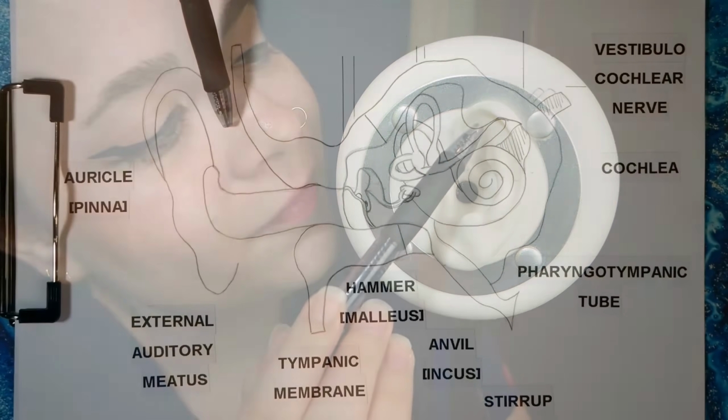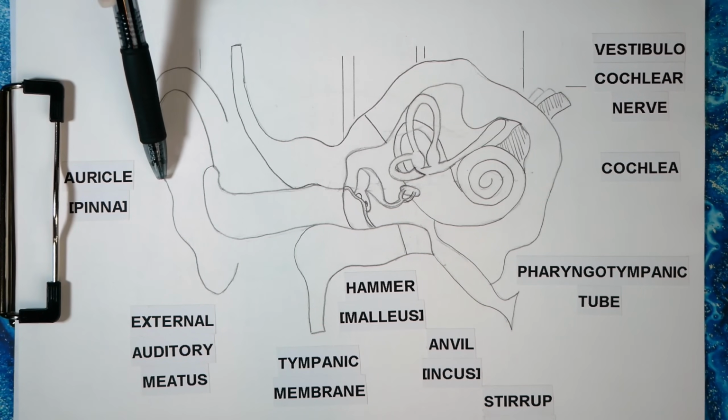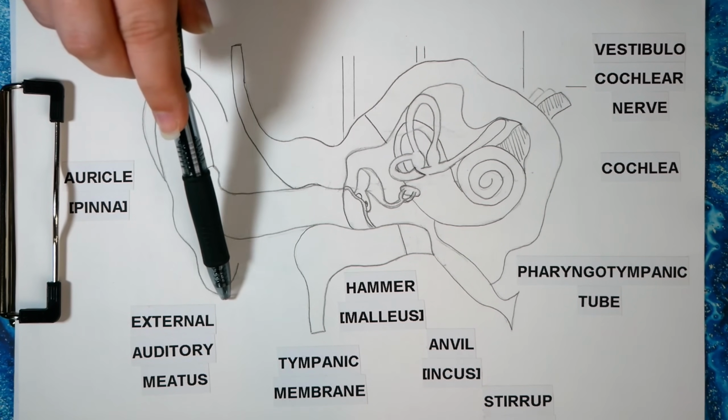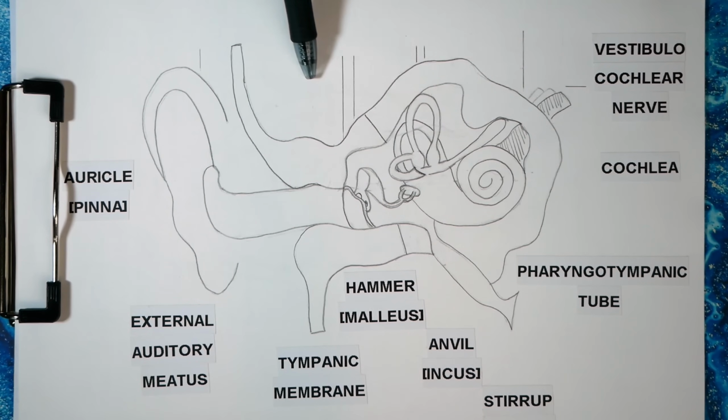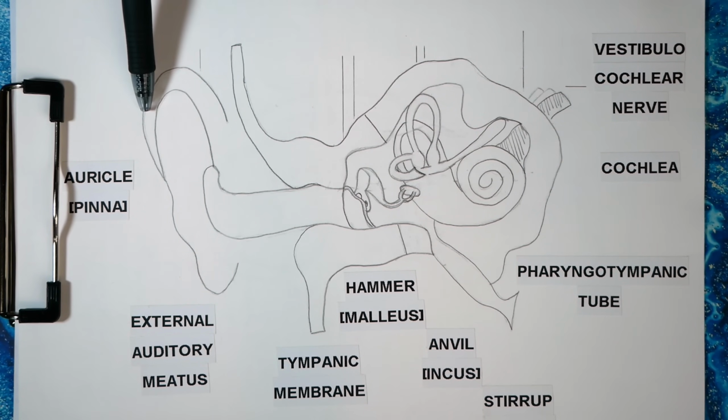So we just looked at the pinna here, which is part of the external ear.